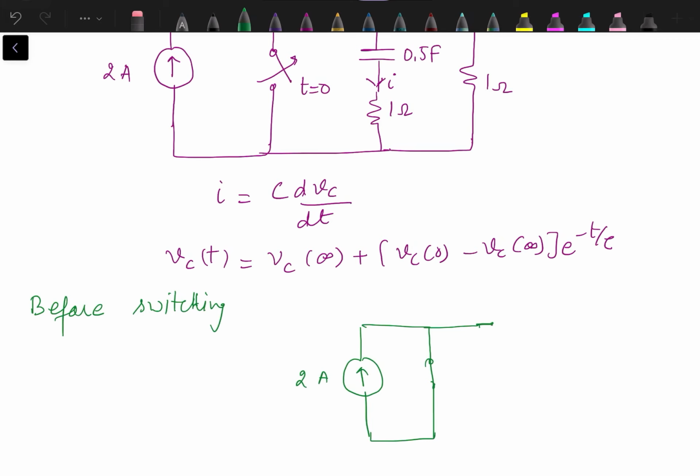The capacitor will behave as an open circuit. Since this is a short circuit, the whole of the current will flow through this only.